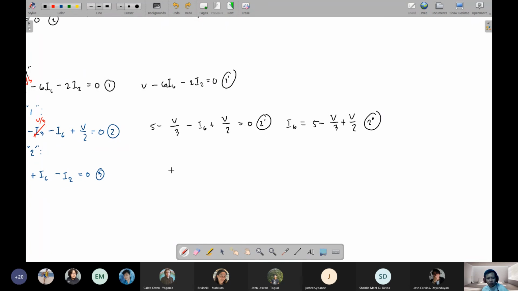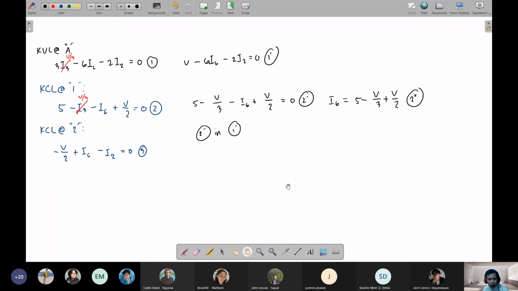Substitute equation 2 double prime in equation 1 prime. This will be V minus 6 times 5 minus V over 3 plus V over 2 minus 2I2 equals 0.